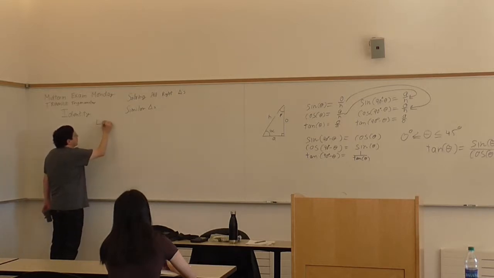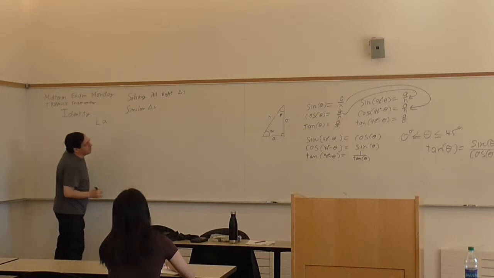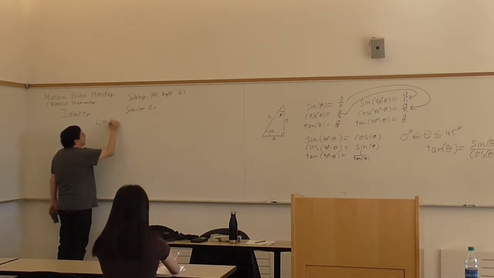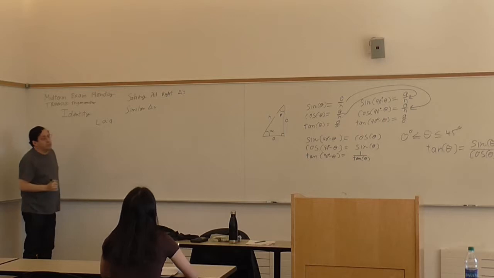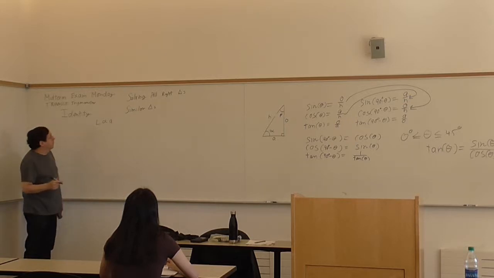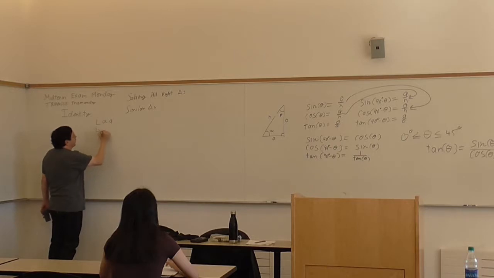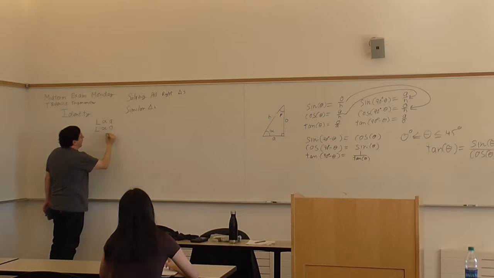I might know alpha, and I might know, we'll just say, the adjacent side. So I have three things. That should be adequate to determine a triangle. But there are other possibilities. I might know the right angle, alpha, and the opposite side. And I might know the right angle, alpha, and the hypotenuse.